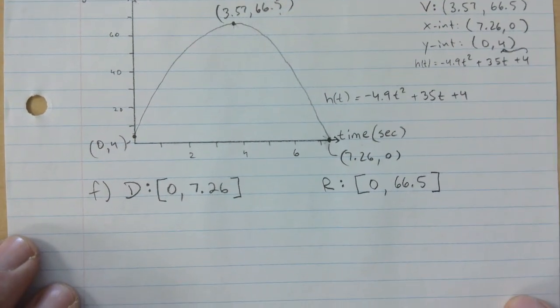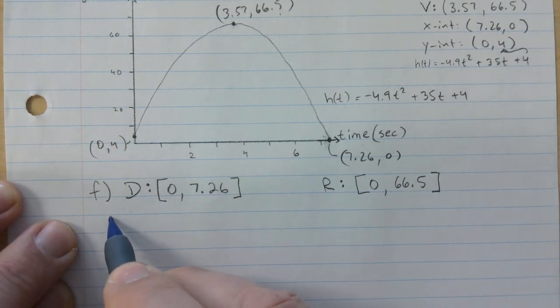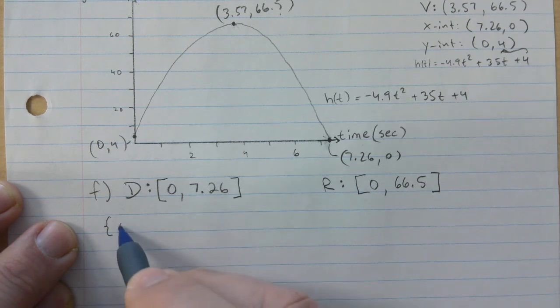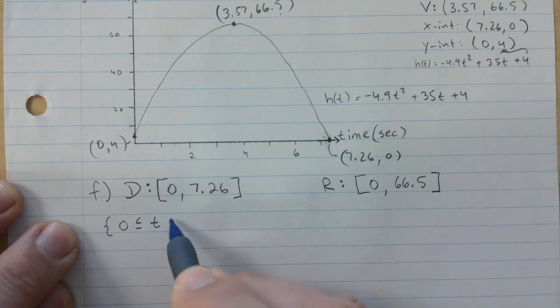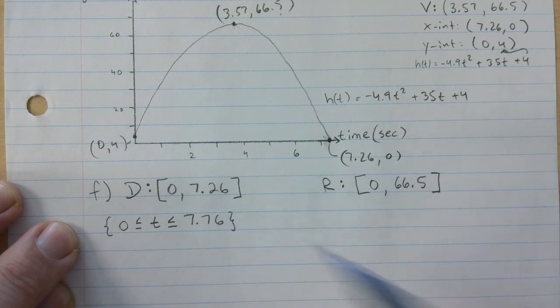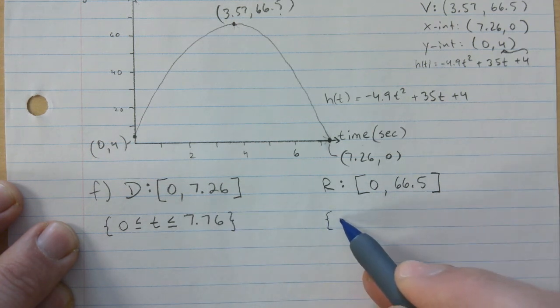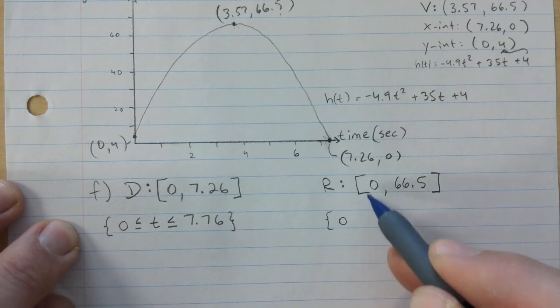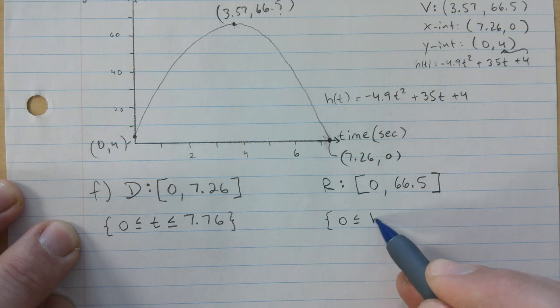And if you'd like me to show you how you do the set notation, you'd have to do it this way. In this case, the variable that the equation is using is t. Right? So you'd have to use it this way. If you want to write your range, you have to use h or h of t.